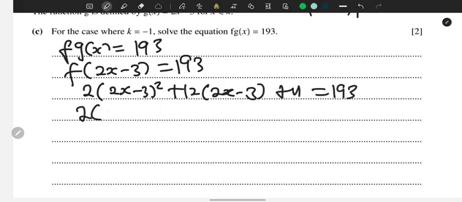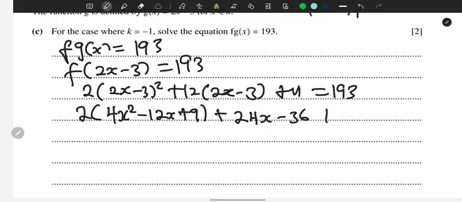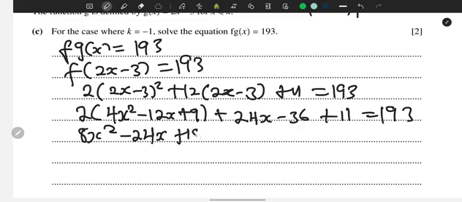Okay, so when you expand this, you have 4x squared minus 12x plus 9, then plus 24x minus 36 plus 11 equals 193. Expand this one, you have 8x squared minus 24x plus 18, then plus 24x minus 36, then plus 11 equals 193.